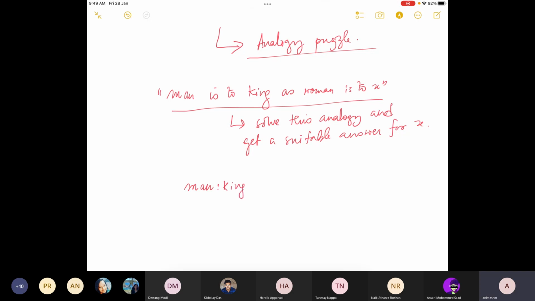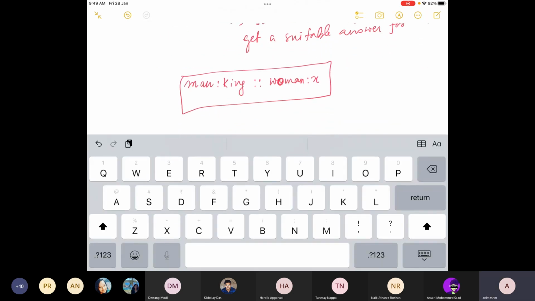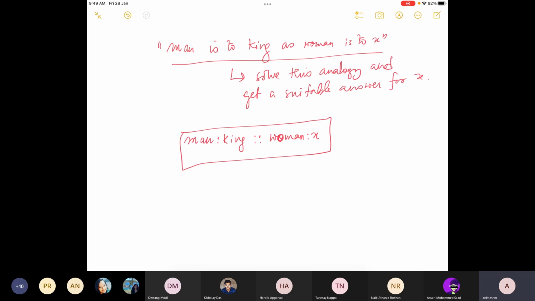More formally, one can write it as man to king, then woman to X. Okay. Now, can you tell me how this problem can be solved if we have the vector representations of words?